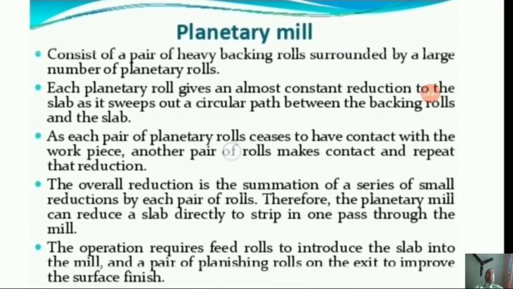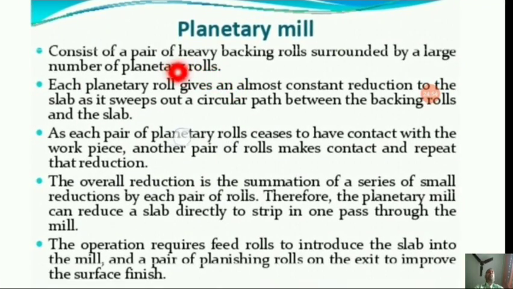Now the planetary mill, this is very important. It consists of a pair of heavy backing rolls surrounded by a large number of planetary rolls. Each planetary roll gives an almost constant reduction to the slab as it sweeps out a circular path between the backing rolls and the slab. As each pair of planetary rolls ceases to have contact with the workpiece, another pair of rolls may contact it and repeat that reduction.